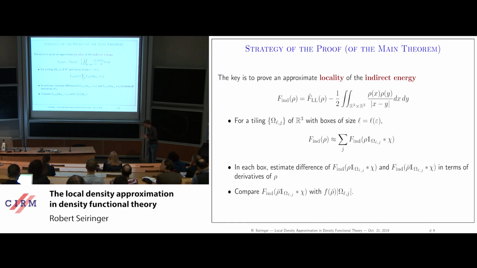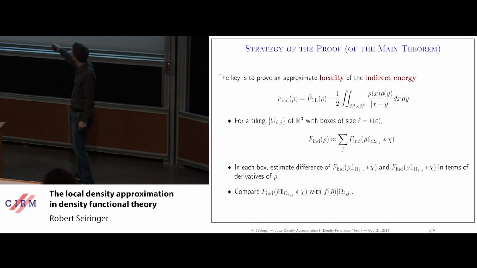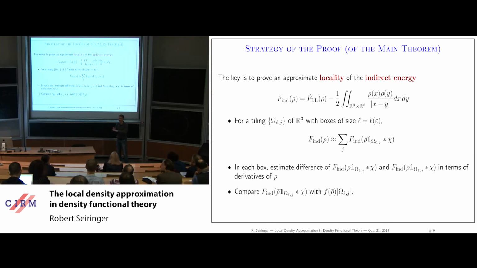We don't just need to know that we have a thermodynamic limit, we also have to quantify how far away from the thermodynamic limit we are. We really have to compare this difference, because at the end we want a quantitative bound, not just a limit statement. So we need more than to know that this thing converges or is to leading order given by that. We actually have to control the difference. So we need a speed of convergence, if you want, in this thermodynamic limit. That's the third problem.